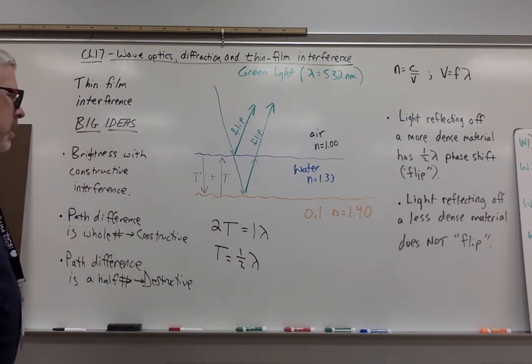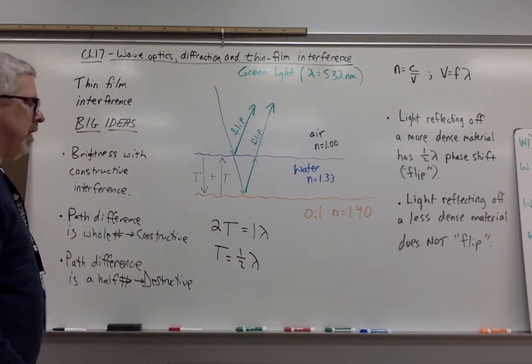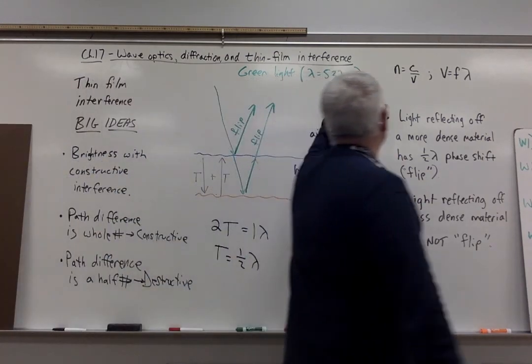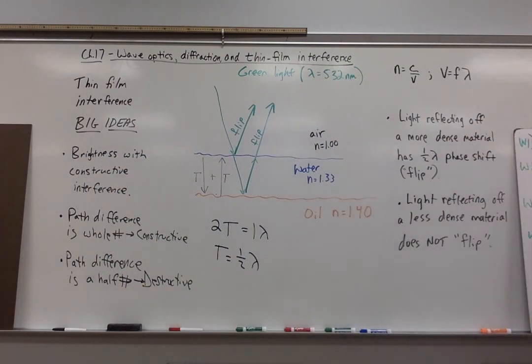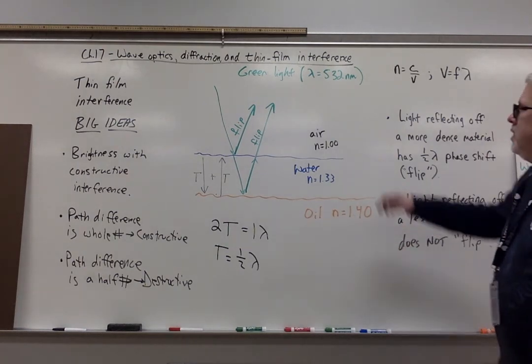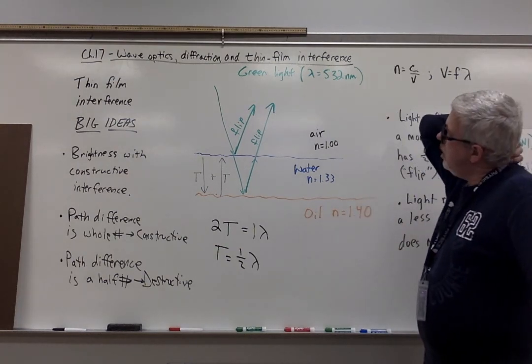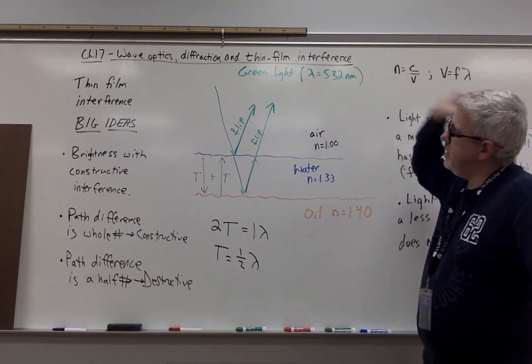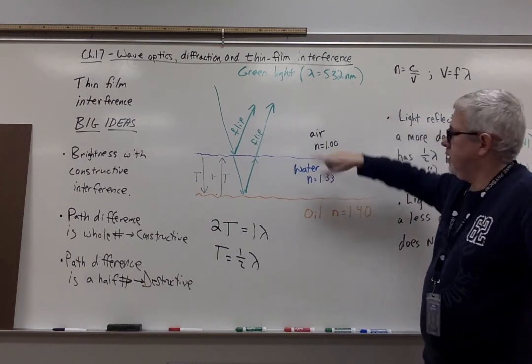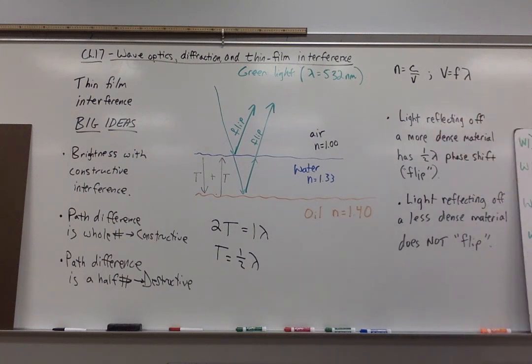Okay. And I could figure out what that would be mathematically. Now there's a little bit of a sneakiness with that. You might say 1/2 a wavelength, and you might say, oh, 532 divided by 2, that would be 266 nanometers thick. That would seem like it'd be reasonable.